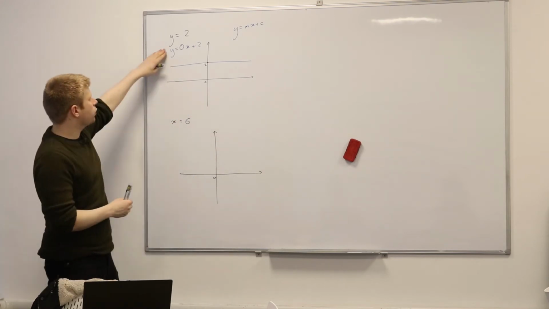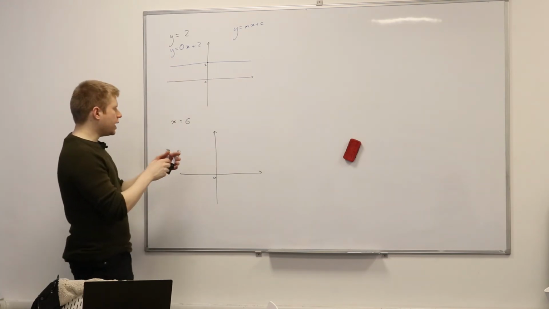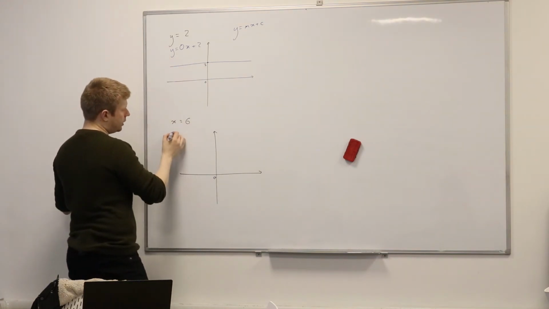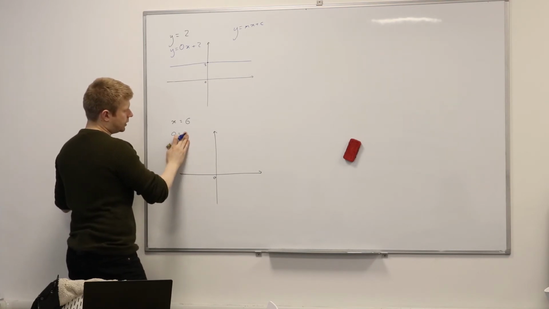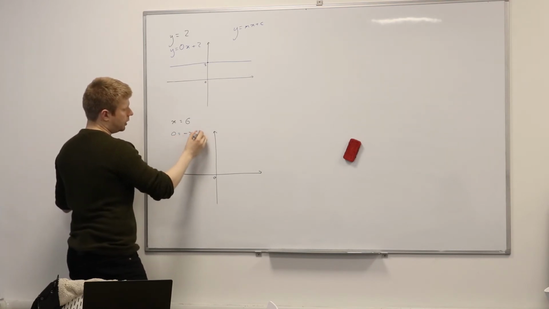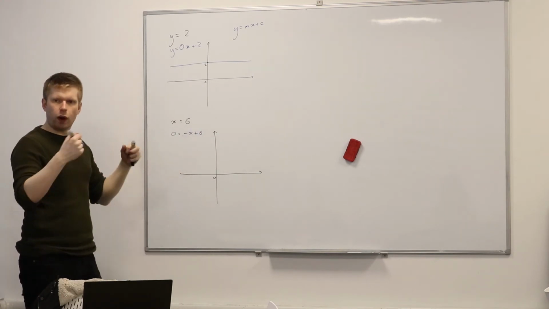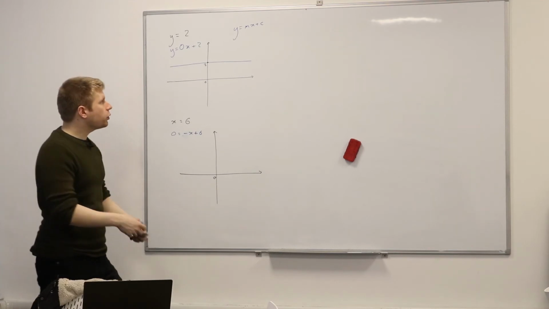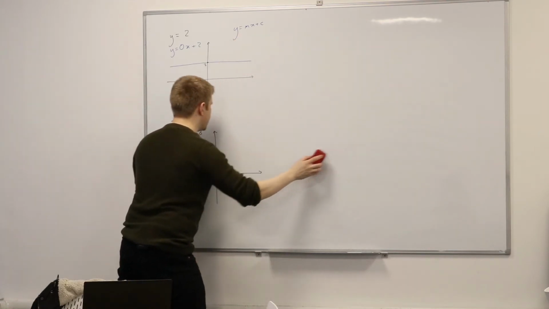Up here you could, by thinking of it as 0 times x. But if I rearrange this, I could get 0 equals negative x plus 6, but there's still no y here, and there's no way that we can get a y from here. So y equals mx plus c is not going to help us in this case.